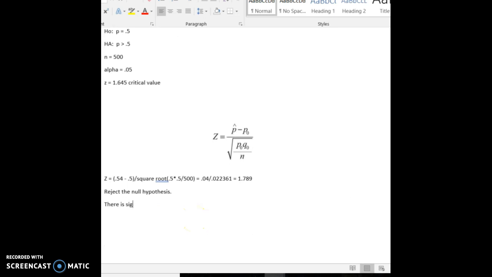There is significant evidence, and we can say alpha is 0.05, to reject the null hypothesis. It appears that more than 50% of people prefer this soft drink brand.